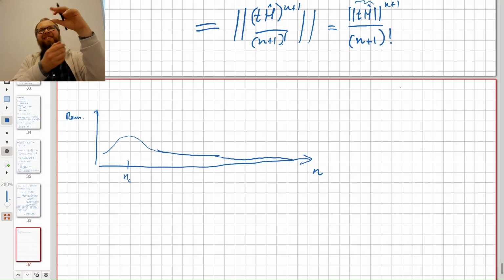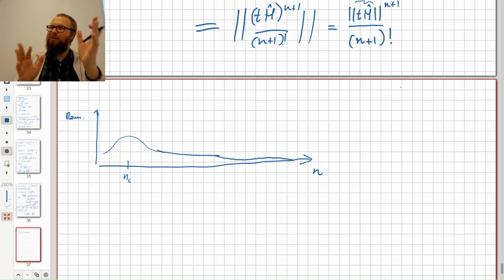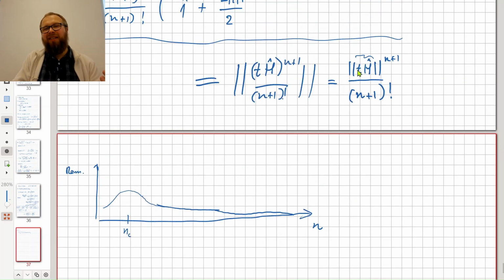But there is this moment where the factorial is not winning yet. Where is this moment? It depends on the value of th. If th is small, this bump might not even happen. If th is big, it will be moved towards larger and larger n. So there's a maximum of pain of inaccuracy you will get.